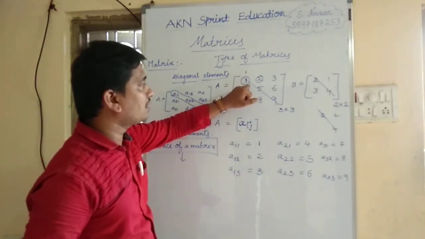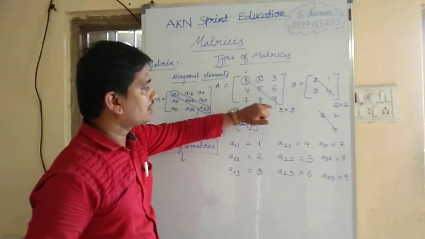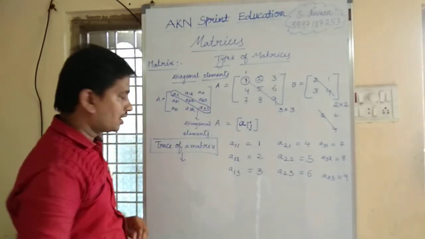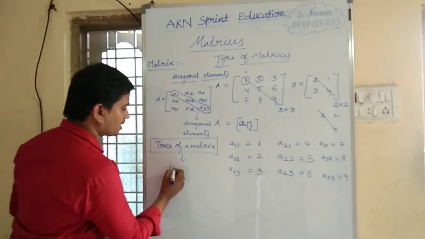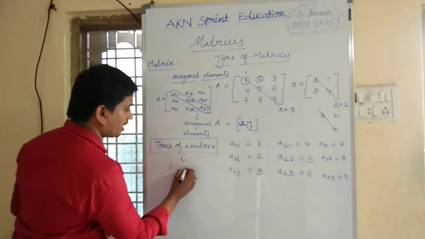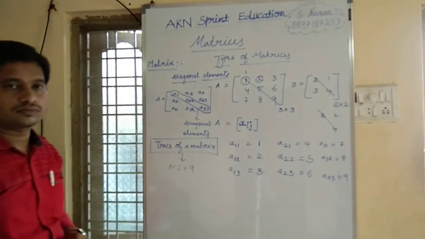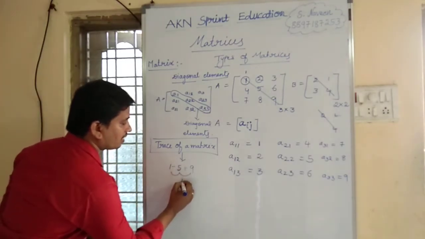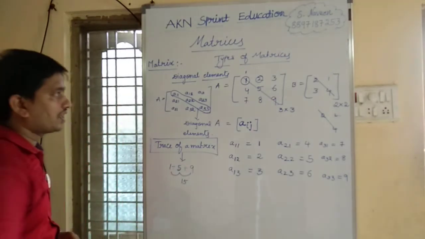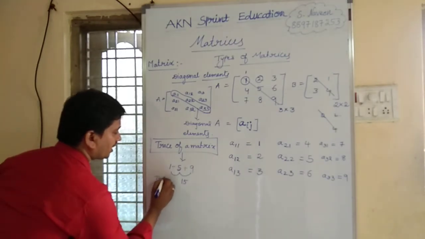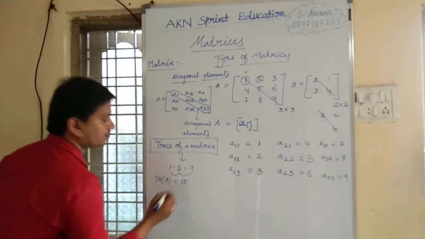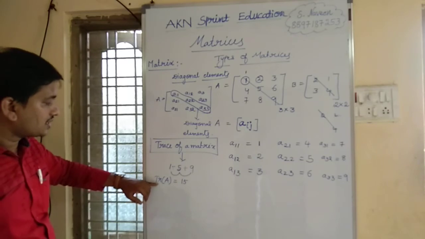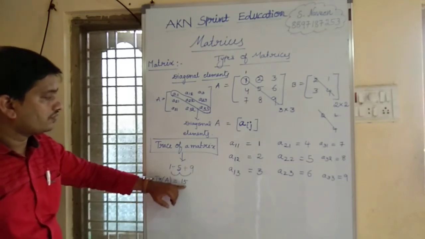Here the principal diagonal elements are 1, 5, 9. Let us add 1 plus 5 plus 9. So 1 plus 5 is 6, 6 plus 9 is 15. So what is the trace of A, children? We can simply represent it as TR of A, which is equal to 15.